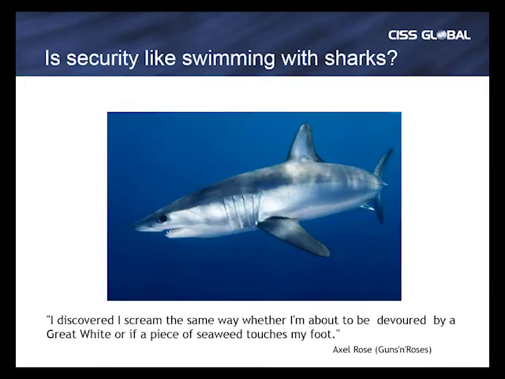Now, I often think that security is much like swimming with sharks, because I, like Axl Rose, always scream if seaweed touches me, but it's more about the fact that you never quite know how much protection you're going to need or exactly what you're dealing with. So we have to be prepared for either occurrence.